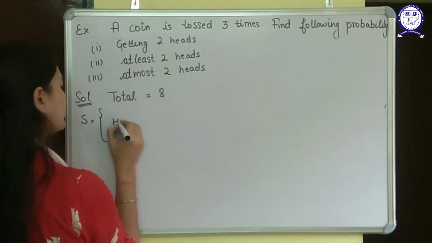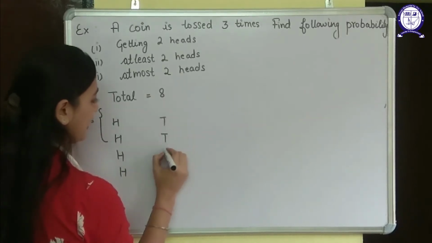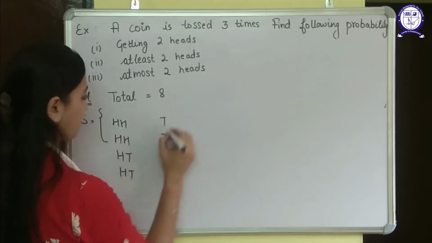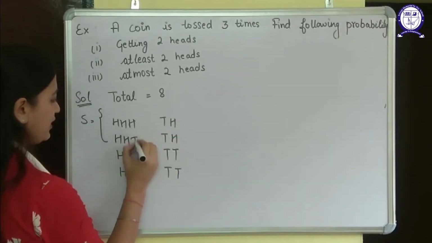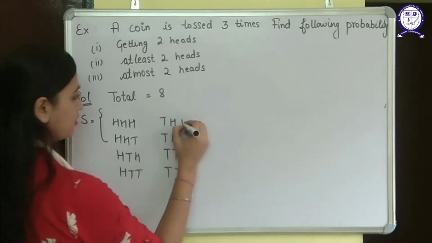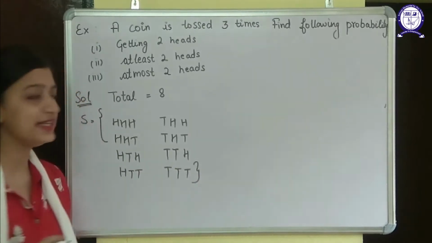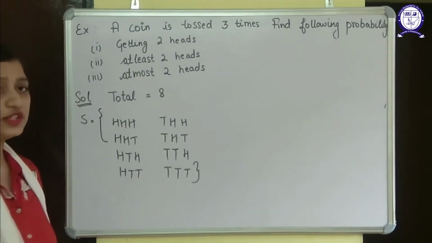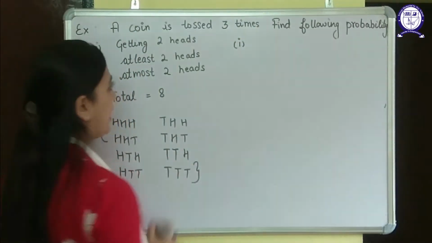They will be, I will write head 4 times and then tail. One time head, 1 time tail. And you can see that I have made my sample space. Now coming to the first question, that is getting 2 heads.